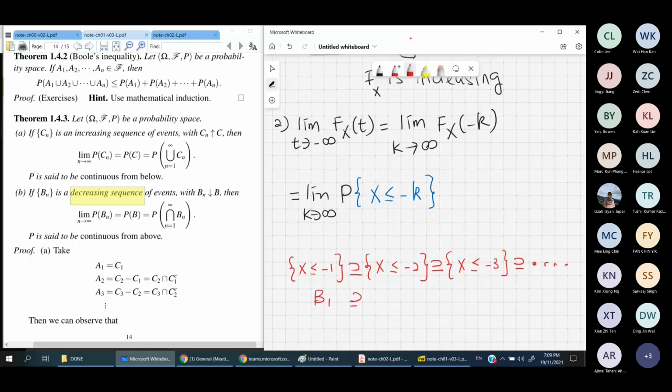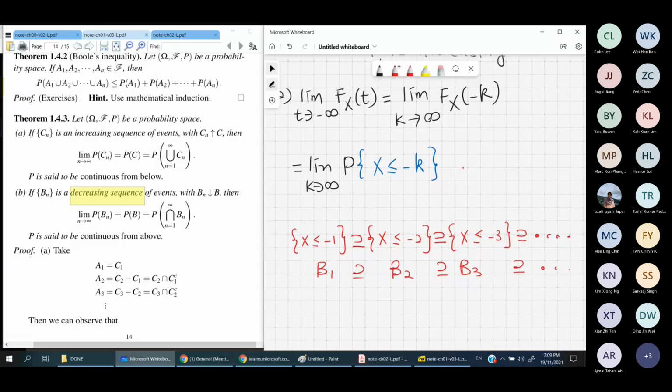So B1 is a superset of B2 and a superset of B3, right? That means B_n is decreasing, so now we can apply this result.